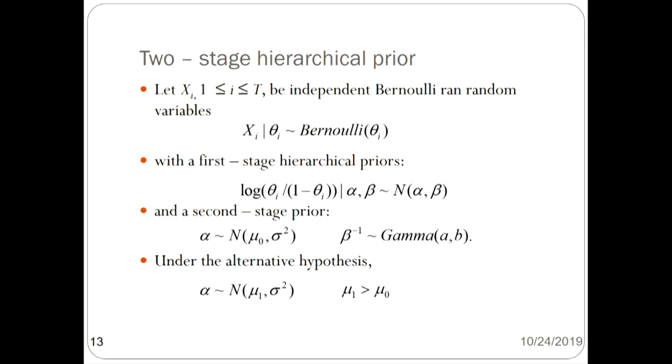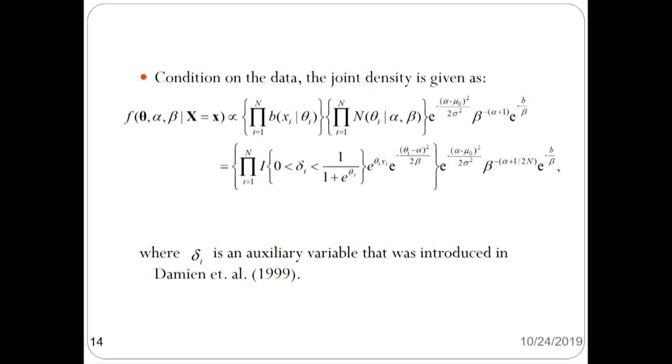I'm not going to go into the details of the mathematical formula and derivation, but here we can use Gibbs sampling to draw random samples and calculate the observed Bayes factor, and also use simulation to find the p-values for the Bayes factor test statistic.